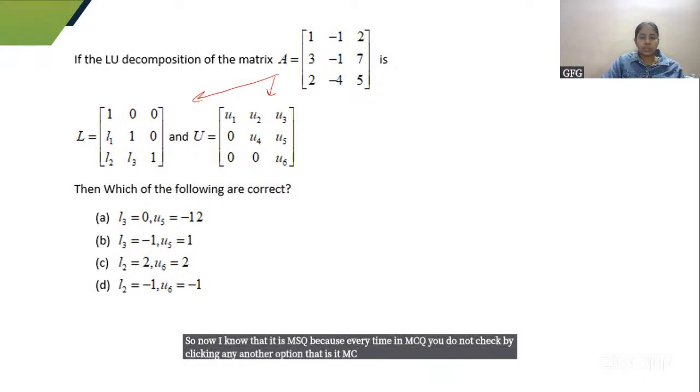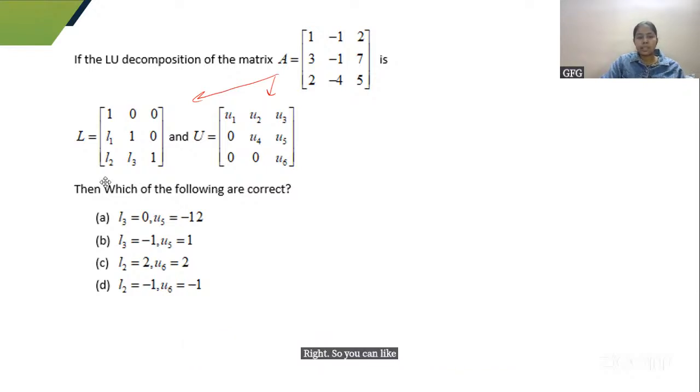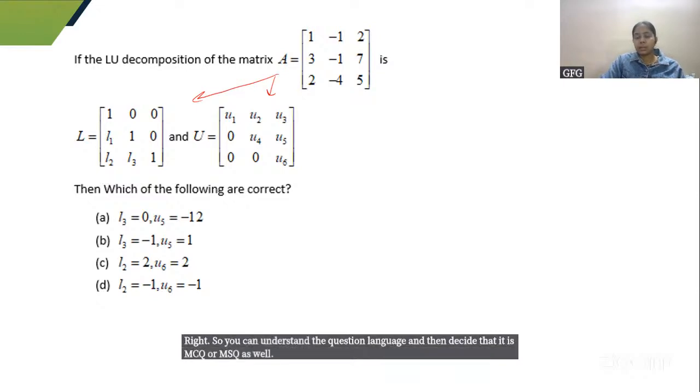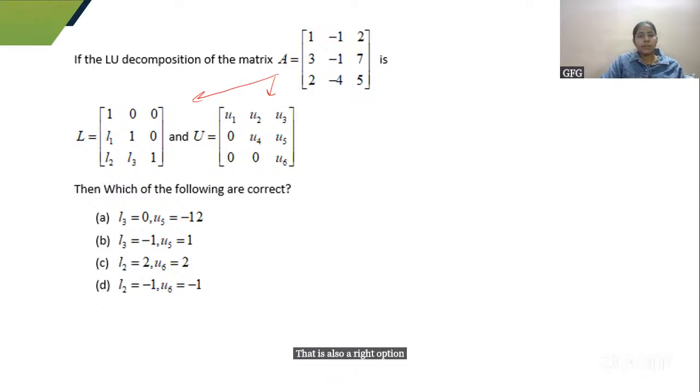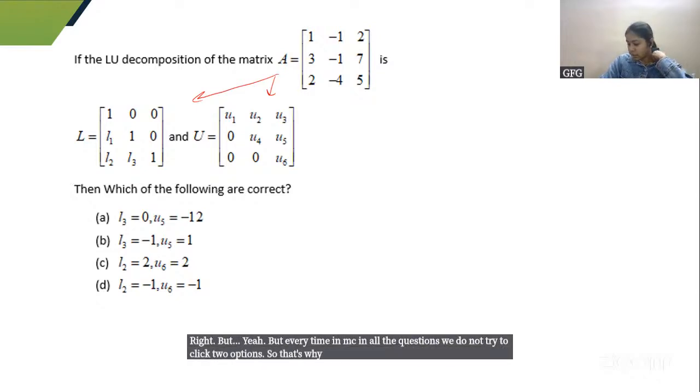It would take so much time, right? So you can understand the question language and then decide whether it is MCQ or MSQ as well. Yeah, that is also a right option, that in MCQ we are not able to select two options, right? But every time, in all the questions, we do not try to click two options, na? So that's why you can solve this, understand the question.